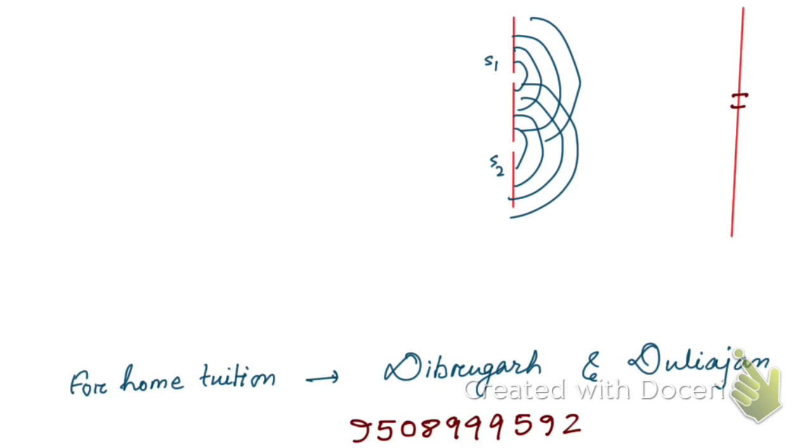Now when two waves superpose at some point, if they overlap either trough on trough or crest on crest, then we're going to get constructive interference.